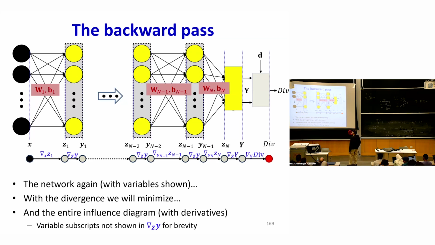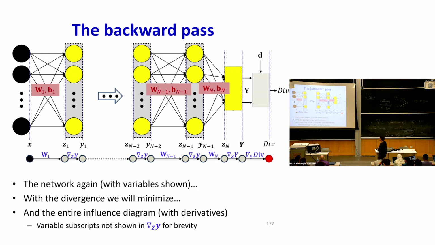But the thing to note is that the derivative of each y with respect to z, these are all Jacobians, because it is the derivative of the output of the activation function with respect to the input of the activation function. And the derivative of each z with respect to the previous y is just the weight matrices, right? And so this is what the actual influence picture looks like.